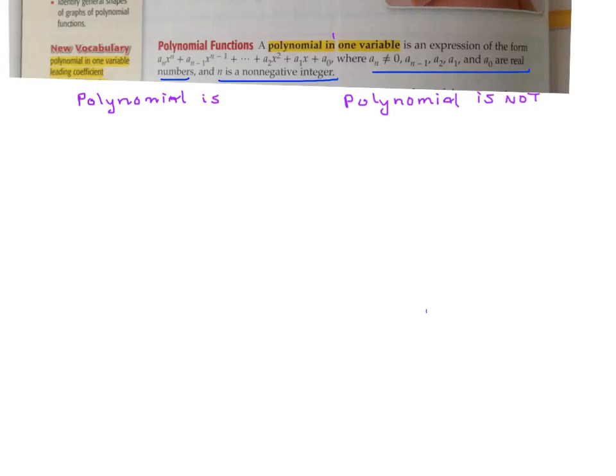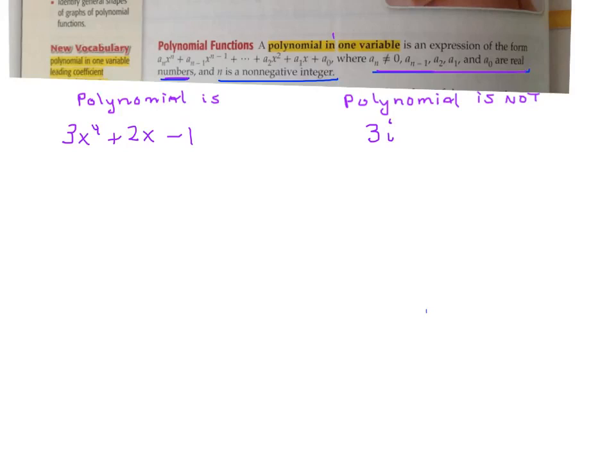What I want to point out here is just some examples of what they're saying a polynomial is and a polynomial is not. So we've got that our coefficients are real numbers. That means something like 3x to the fourth plus 2x minus 1 could be a polynomial. What is not a polynomial then? A coefficient with an imaginary number.